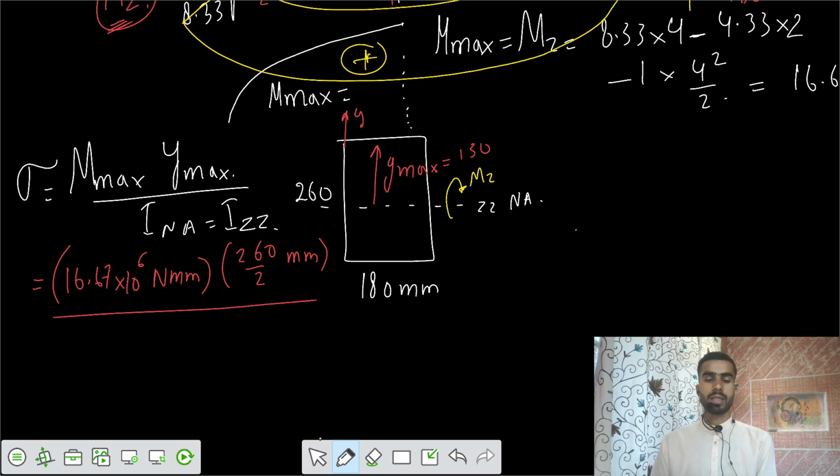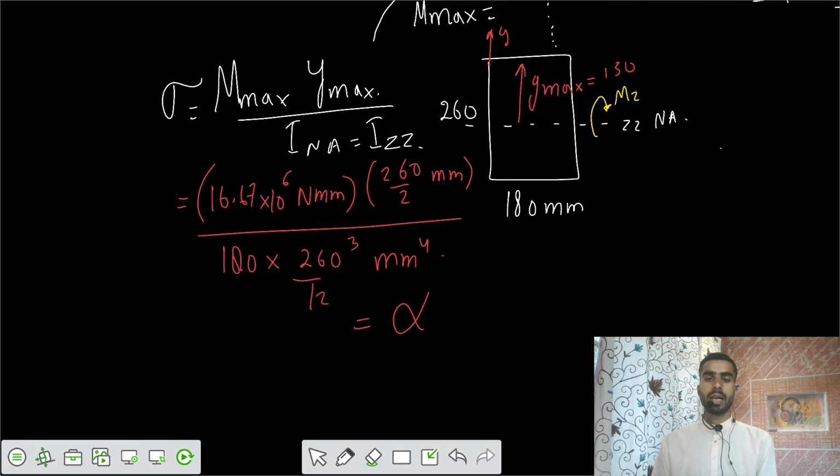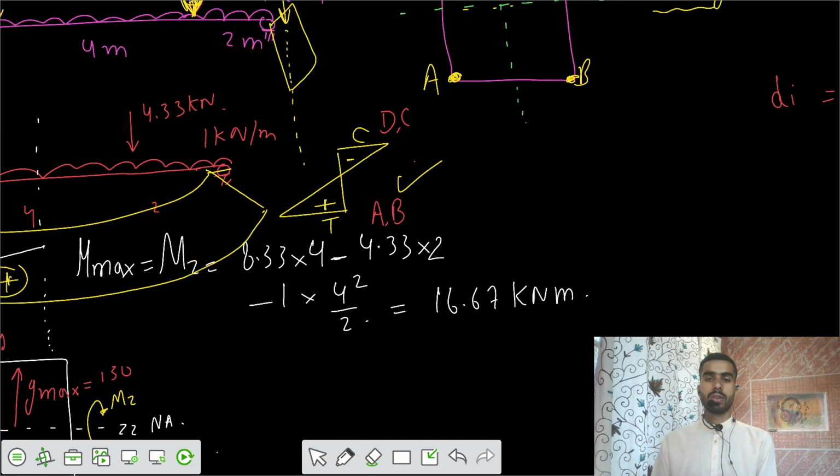Then the second moment of area about the ZZ axis equals BD cube by 12 mm to the power 4. Let's call this value alpha. But we know that the stresses for AB would be tensile and for CD would be compressive.